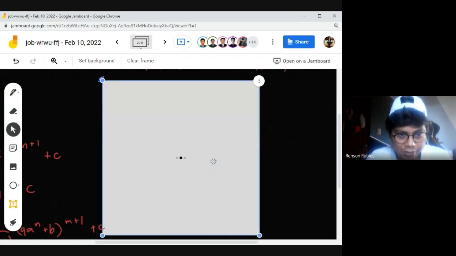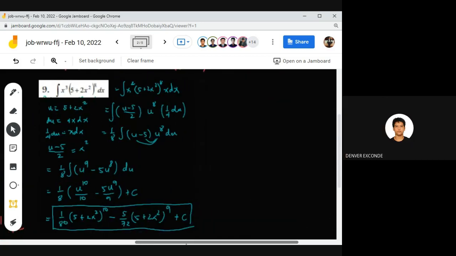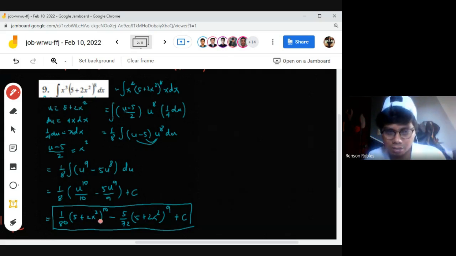Are you still with me? Are you getting my point? Yes po. Okay. You recall this one? This is x cubed times the quantity 5 plus 2x squared to the 8th power dx. Again, I am getting examples from the previous lesson. So we solve it this way. We let u be equal to 5 plus 2x squared. du is 4x dx. And 1/4 du is x dx. And then we rewrite this of the form x squared times the quantity 5 plus 2x squared to the 8th power x dx. Okay?